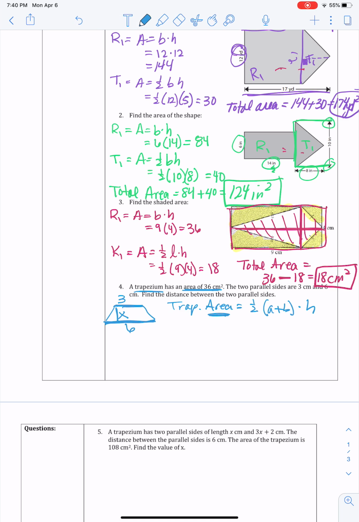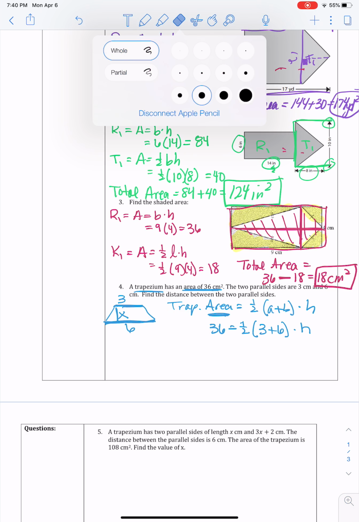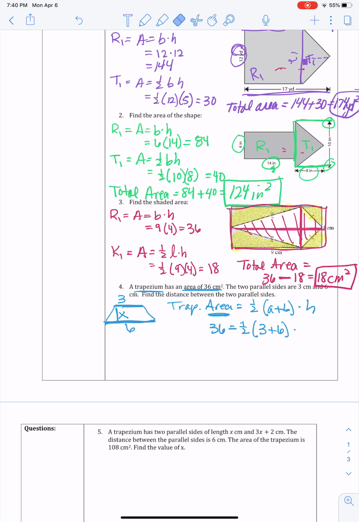I know the area, that's 36. Half doesn't change. I know a and b, that's 3 plus 6. What I don't know is the height. So we're going to put that as the x. So 36 equals half of 9.